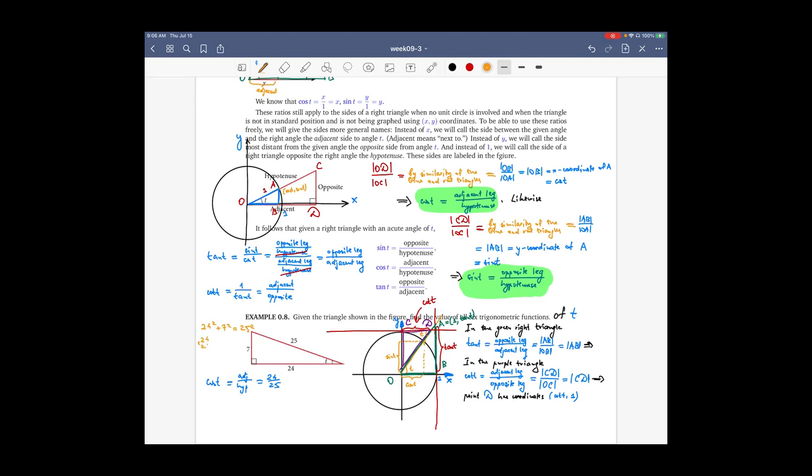So 24 times 24 is what? 576, and 25 squared, I believe, is 625. So 576 plus 7 squared, which is 49, is 625. So the triangle is indeed a right triangle.